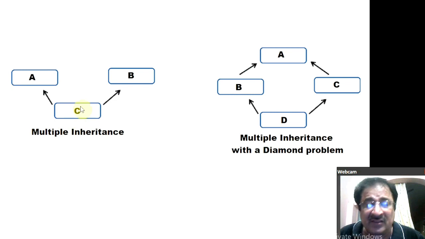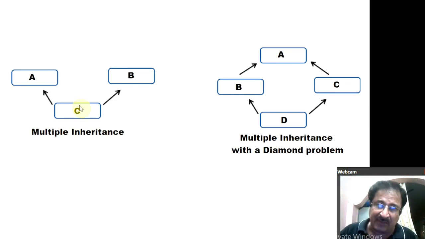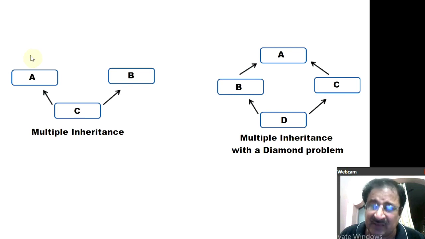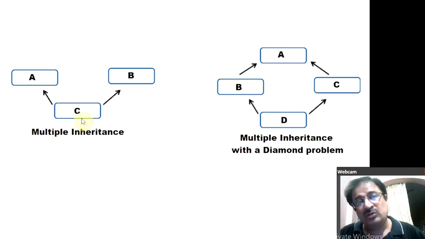That is, if class C redefines the HRA method with the same signature, same number of parameters and same data types, then this concept is known as method overriding. Because when the HRA method is called through the object of class C, it will never execute the HRA method of the base class. It will always execute the method which is redefined, overriding, in the derived class. So that concept is very essential to understand the diamond problem.